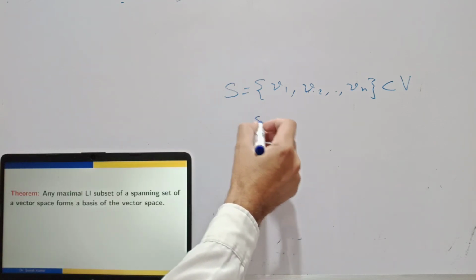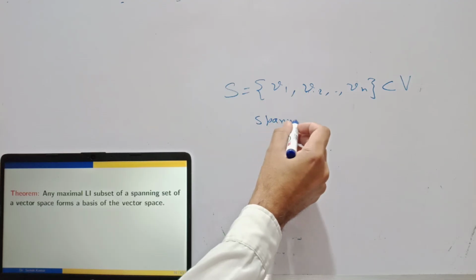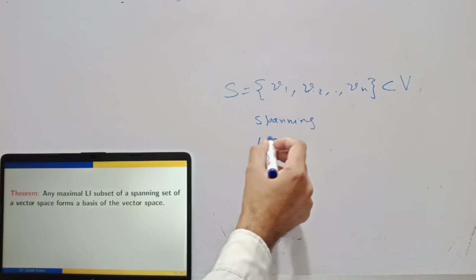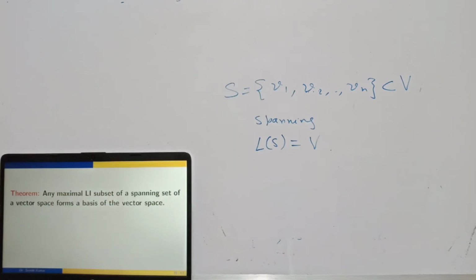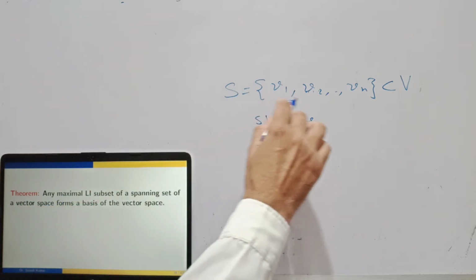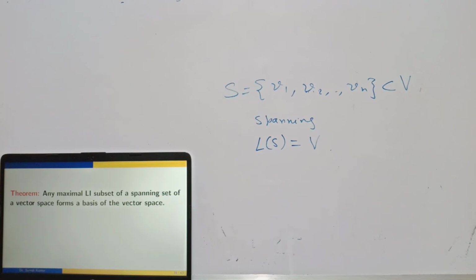If S is a spanning set, spanning means L(S) is V, in that case, how to construct a basis? Find a maximal linearly independent subset from it. That will give the basis.